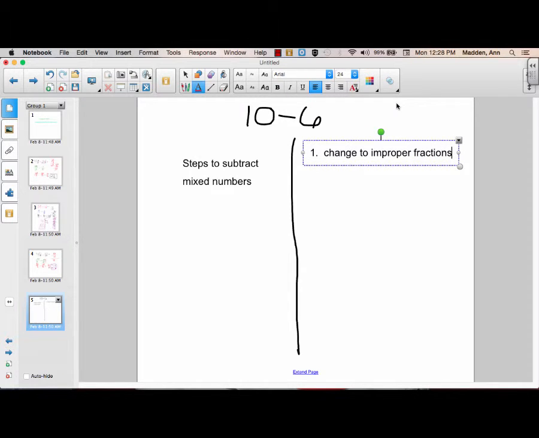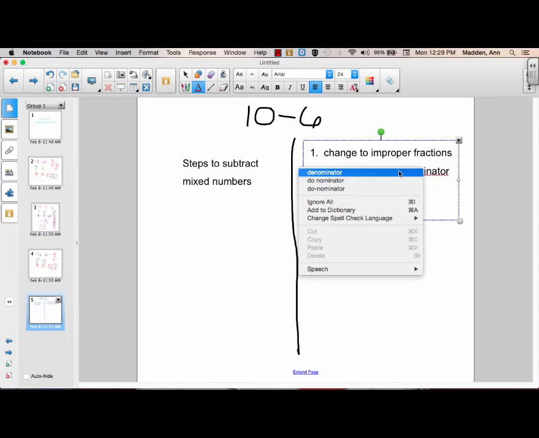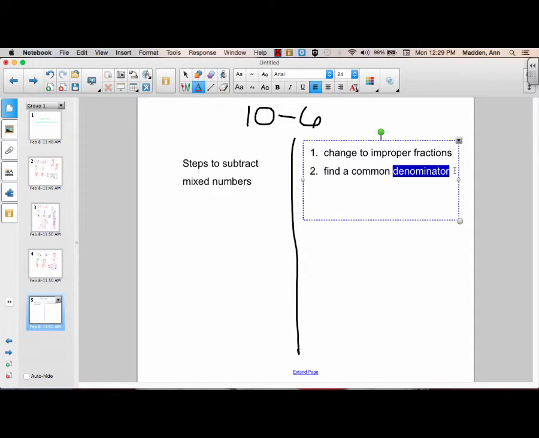Our second step was to do what? Find a common denominator. Excuse me. What was our third step? We changed it to improper fractions. Then we found a common denominator.